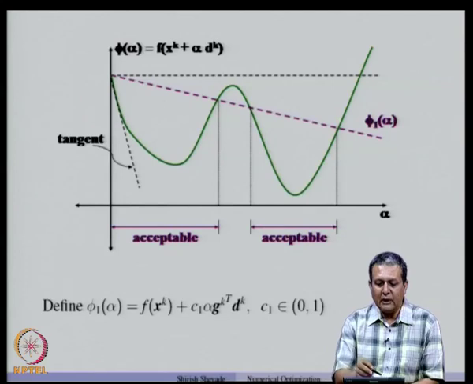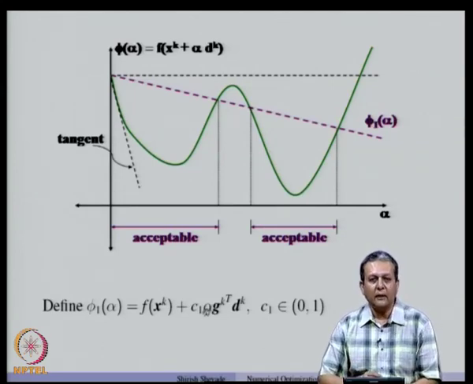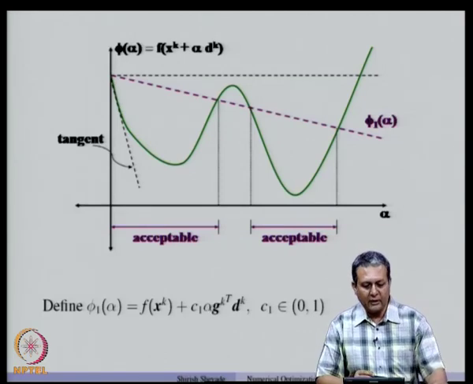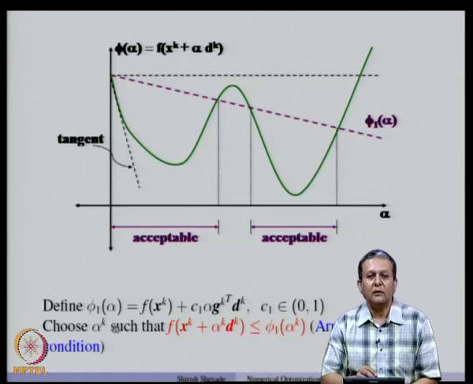If we define phi 1 alpha given C 1 like this, then according to Armijo's condition, the step length alpha k should be chosen such that the value of the function at the new point is less than or equal to phi 1 of alpha k.